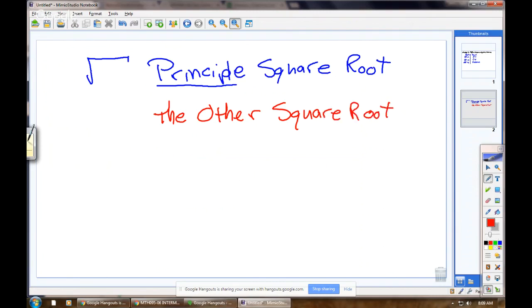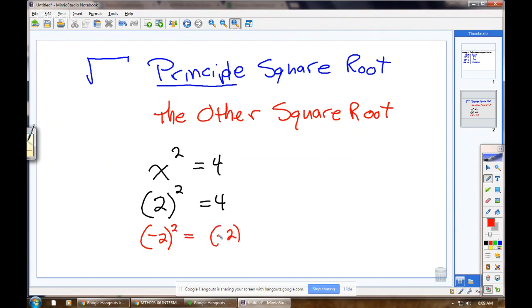I'll show you with an example. Suppose I said I squared a number and the answer was 4. Well, the obvious answer is that you squared 2. It is true that 2 squared is 4, but it is also true that negative 2 squared, which means negative 2 times negative 2, is also 4.